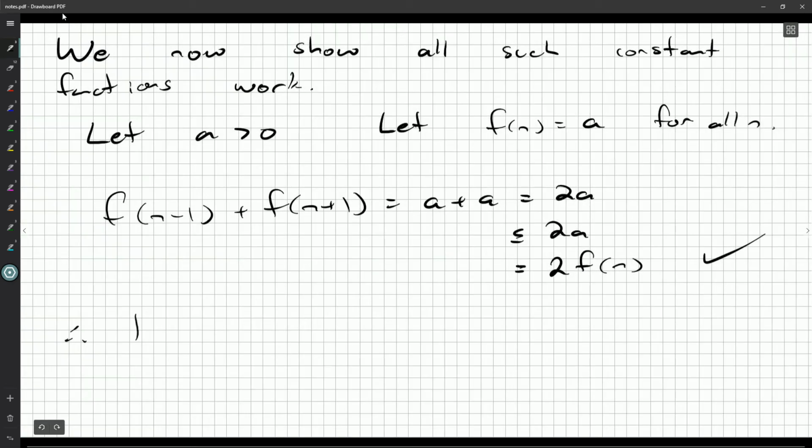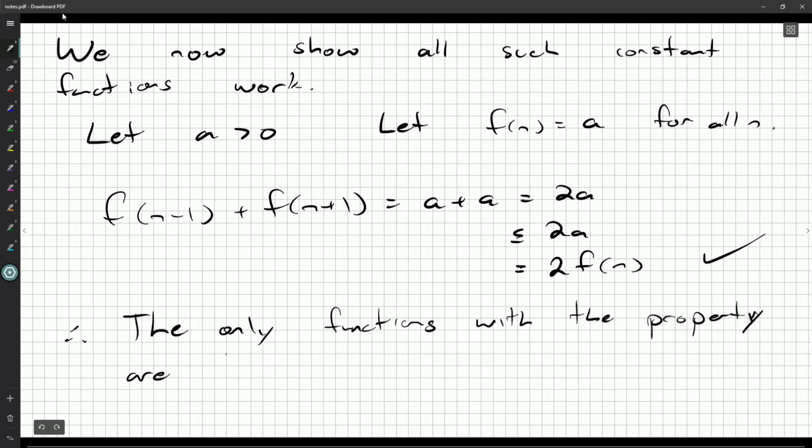Determine all functions that work like this. So the only functions with the property are those functions which are constant. And there we go.